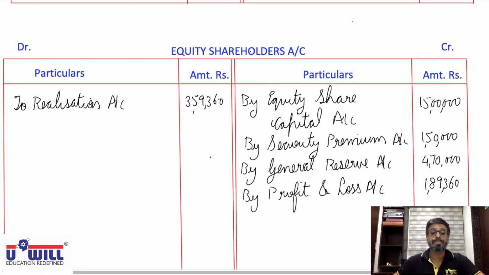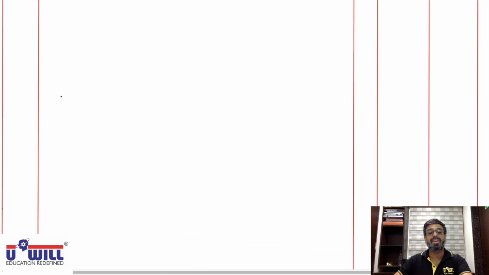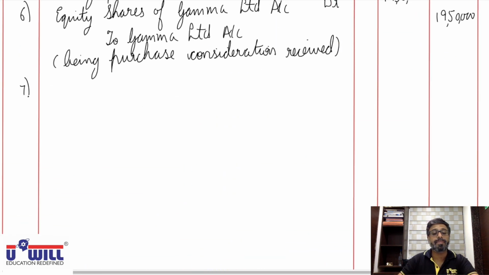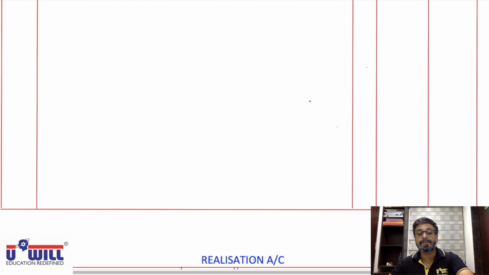Very simple entry. In equity shareholders account, it is on the debit side. So equity shareholders account debit 359,360. Directly from the ledger account you derive the entry. Once again I repeat, how do you get this?